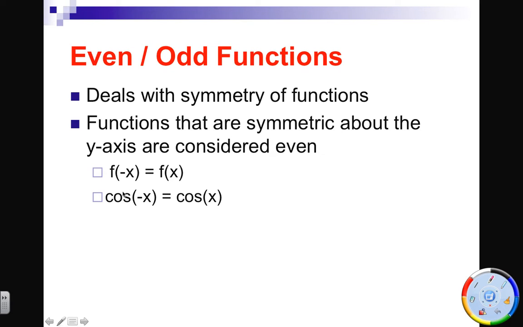And in our basic sense, cosine is an even function, which actually means secant is also an even function.